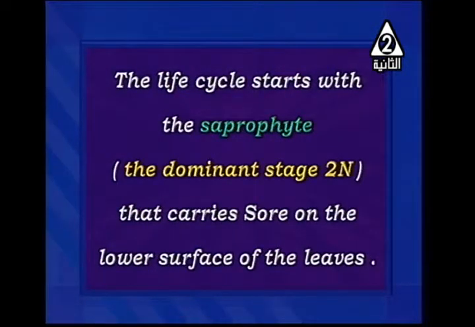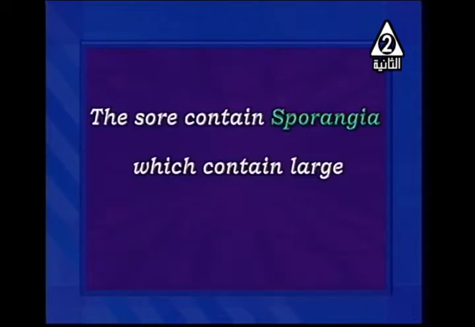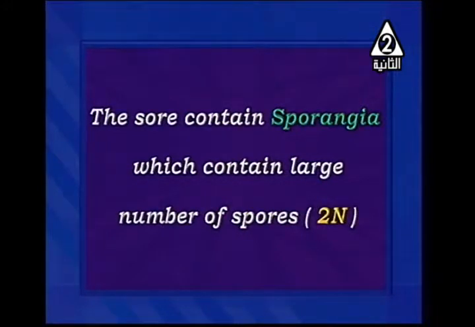So the lower surface of the leaves contains a group of sori. The sori contain sporangia, which contain a large number of spores. Each one of them is 2n, carrying the full set of genetic material.